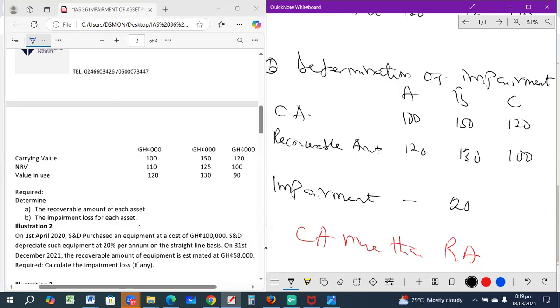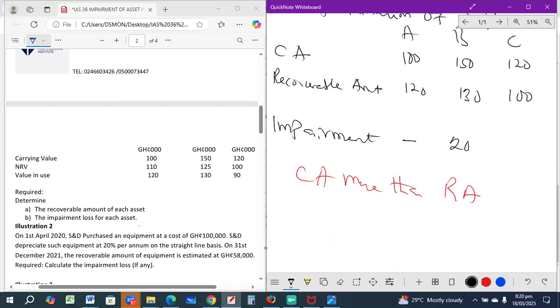And I was asked, have you heard about impairment? I said, yes. What standard regulates that? I said, IAS 36. Then they said, good. So what is impairment? And I said that impairment is the amount at which the recoverable amount of an asset is less than the carrying amount. And the person said, that's not there, simply because on his marking scheme, impairment was written as the value at which the carrying amount is more than the recoverable amount.